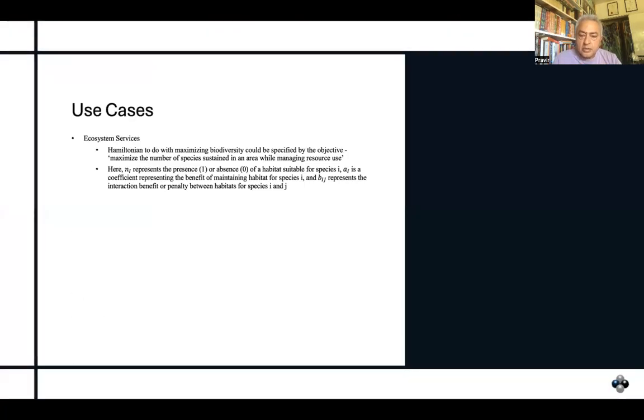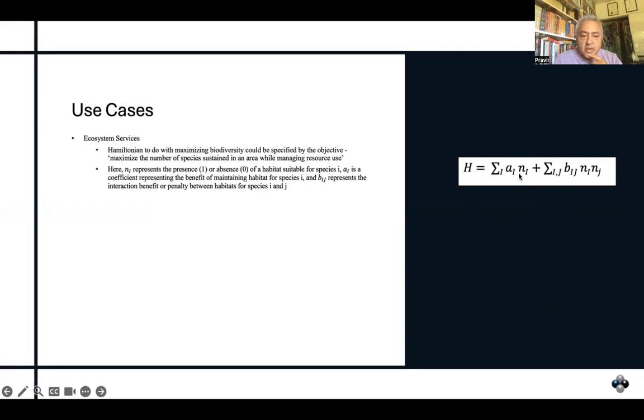Now, to make that more concrete, let's look at a use case. Here, this is ecosystem services. Imagine we have a Hamiltonian that has to do with maximizing biodiversity. A specific objective could be to maximize the number of species sustained in an area while managing resource use. Over here in this Hamiltonian, if we think of i as being the habitat suitable for a species i, then N_i is the presence or absence of that habitat.